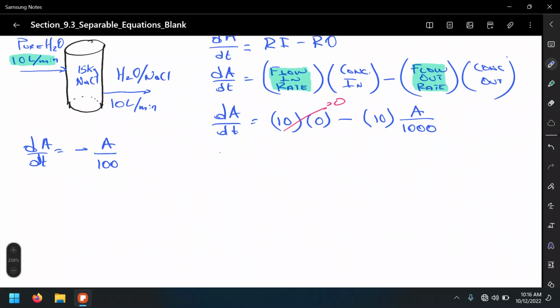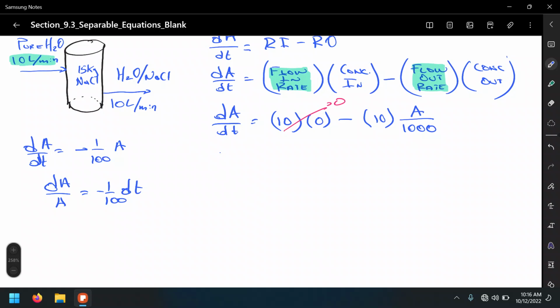So I'm going to have the dt on the right hand side and the A on the left hand side. I'm going to keep the negative and the 1 over 100 on the right hand side. I'd rather express it this way. I think it's going to be easier. So dA over A equals negative 1 over 100 dt.